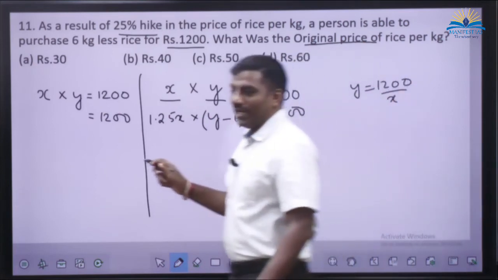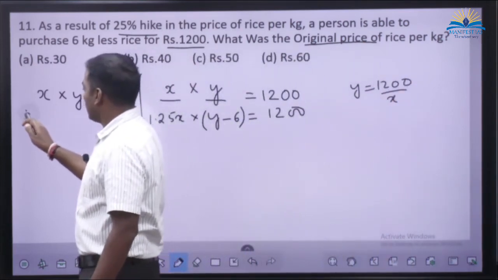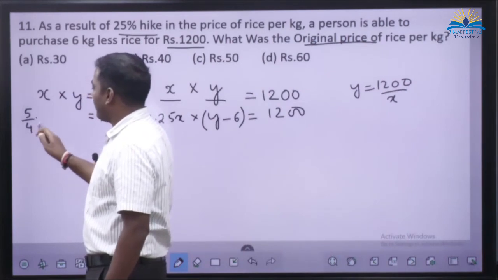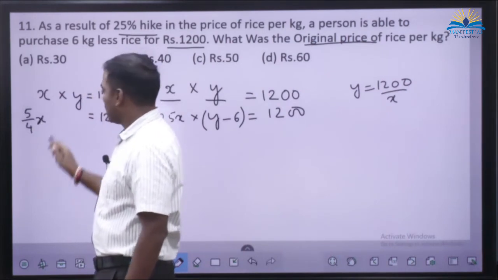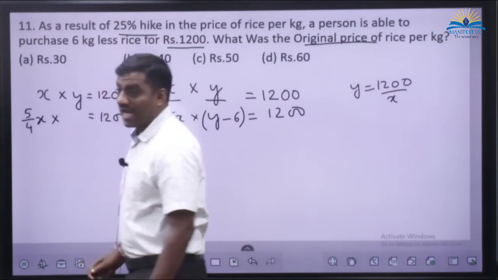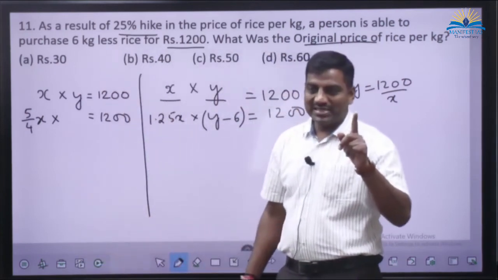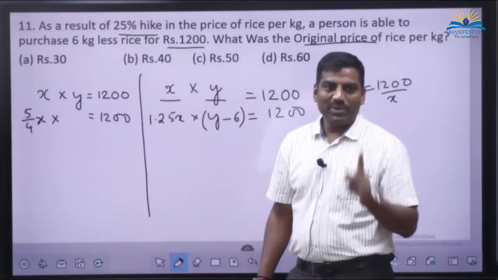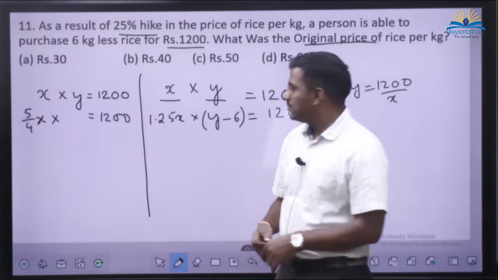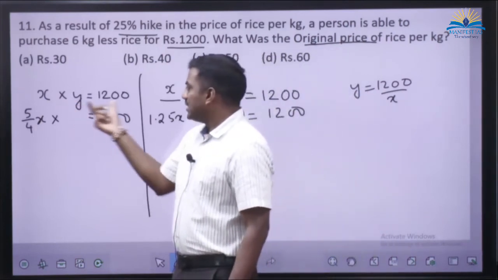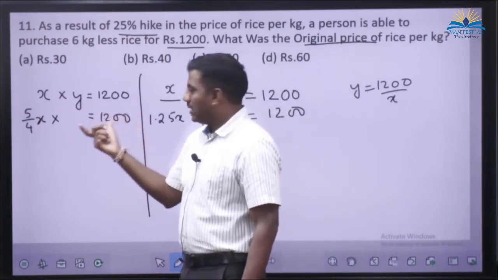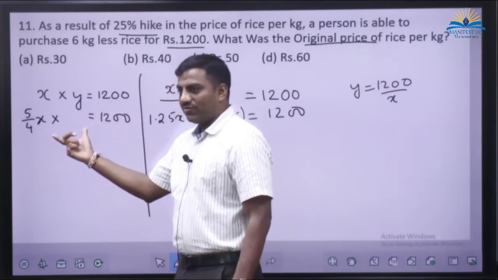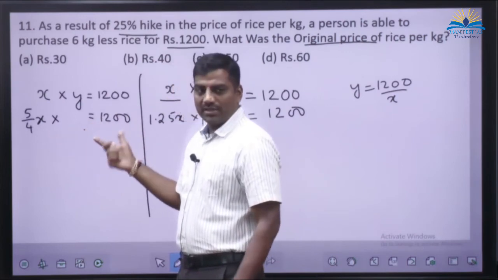So what will I write? The new price is 5 by 4 X into Y minus 6. Now, X into Y is equal to 1200. This expression, the product of these two, is 1200.